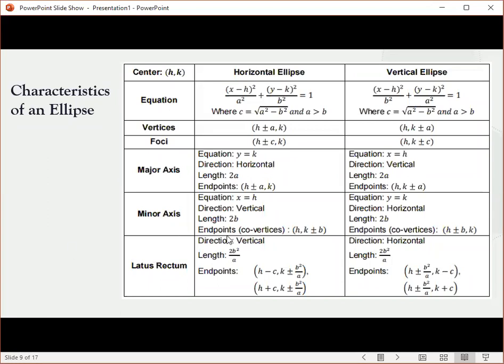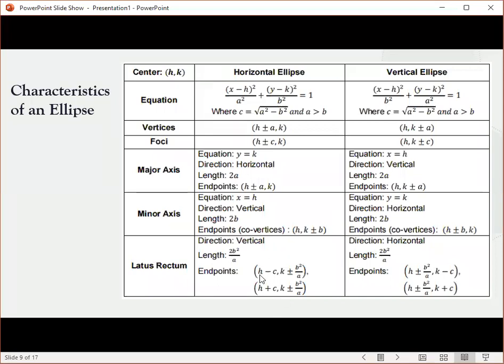For the minor axis, this is the co-vertices. So we have here h and k plus or minus b. So again, you'll have two coordinates for the vertex, two coordinates for the foci, and two coordinates for the minor axis. However, on the latus rectum, you'll have four coordinates. One is for h minus c, k plus and minus b squared over a.